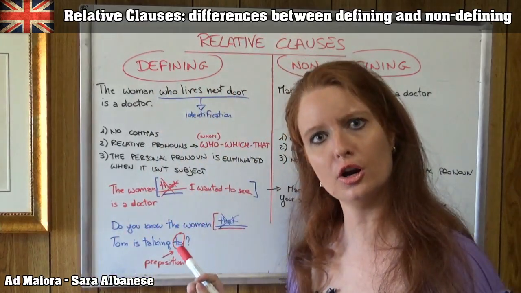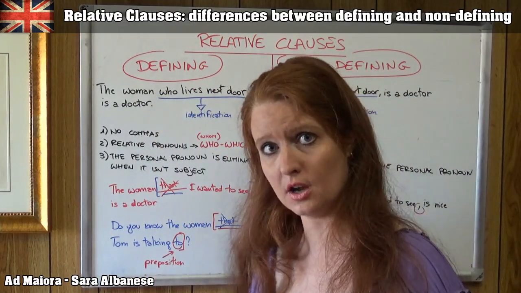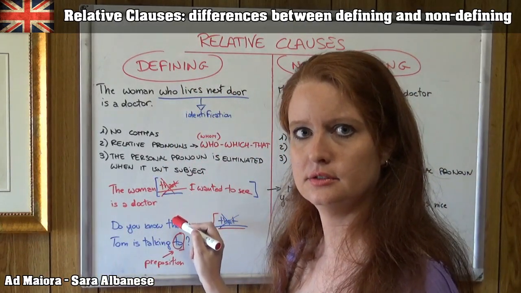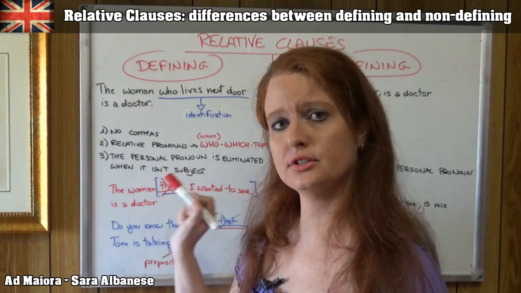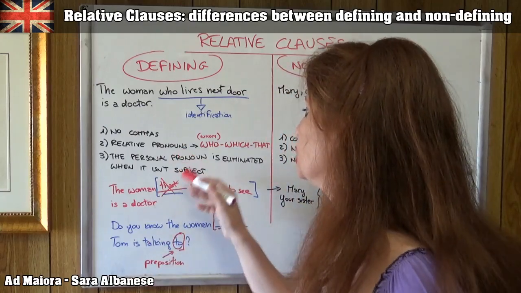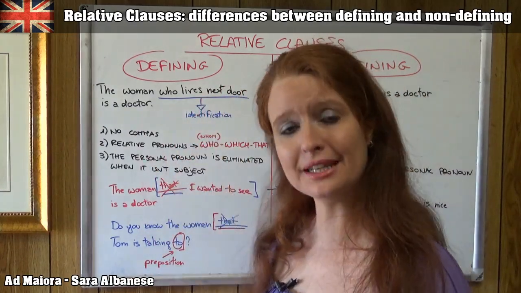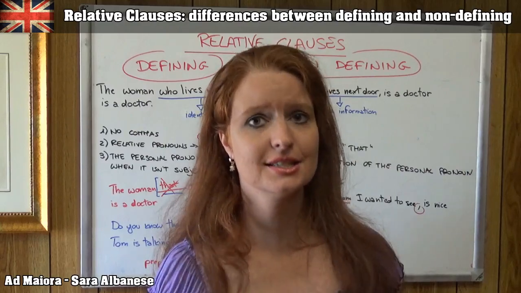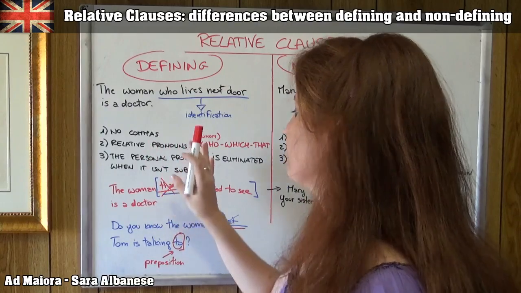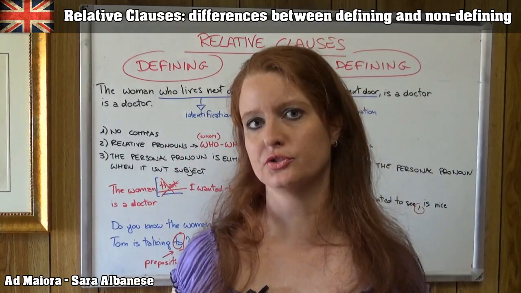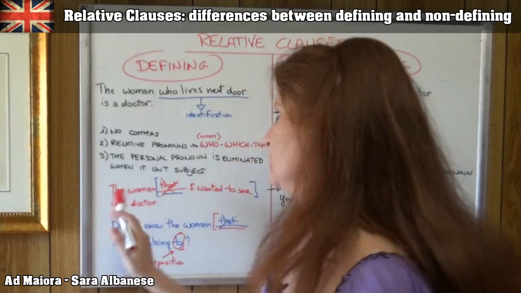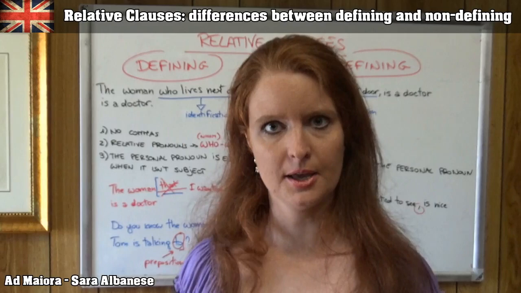The subject of the verb in the relative clause, which is wanted, obviously, is I in this case, right? So it isn't the pronoun. In this case, I can't use that or whom or whatever. I have to eliminate the pronoun because it isn't the subject of the relative clause. This is why I just put the relative clause without pronoun. The woman I wanted to see is a doctor. Always without commas because it's defining, okay?